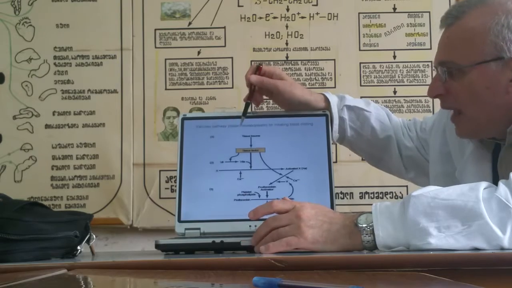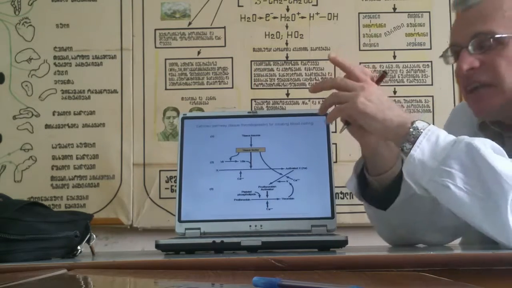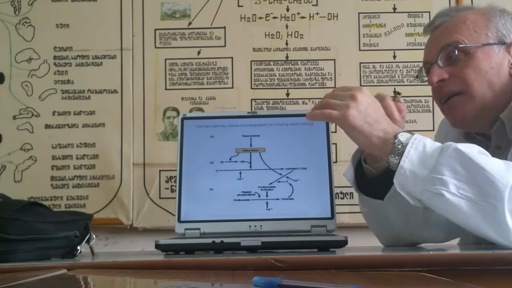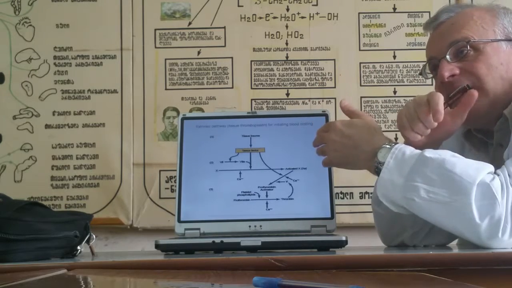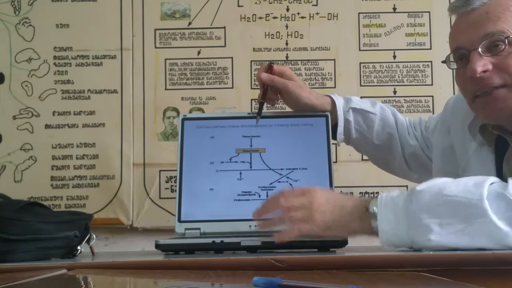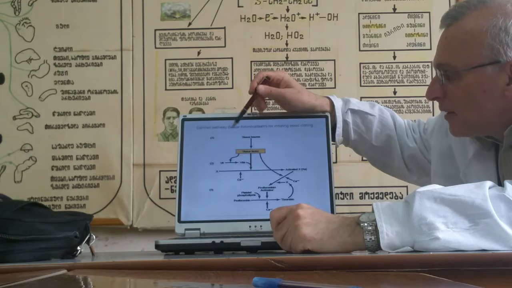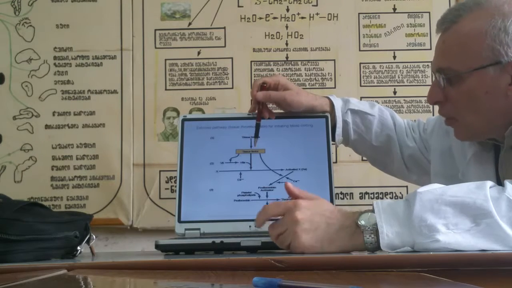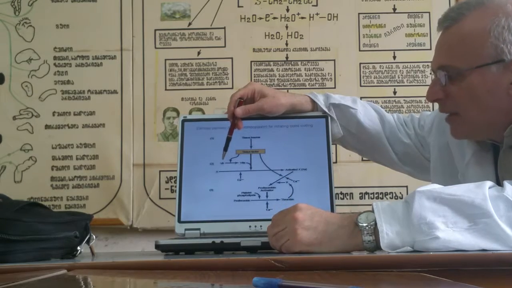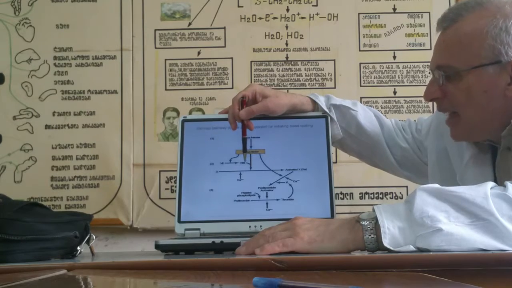Why is it called extrinsic? Because this process starts with a rupture of blood vessels, and then the damaged tissue stimulates this cascade of reactions. This is called tissue thromboplastin, or tissue factor, and then tissue factor activates the coagulation factors. This is the numbering of these coagulation factors. A means activated.